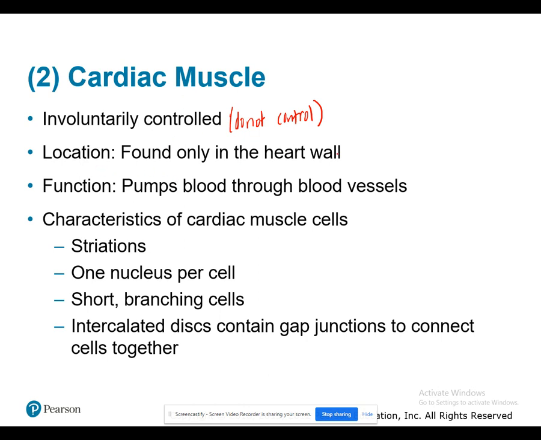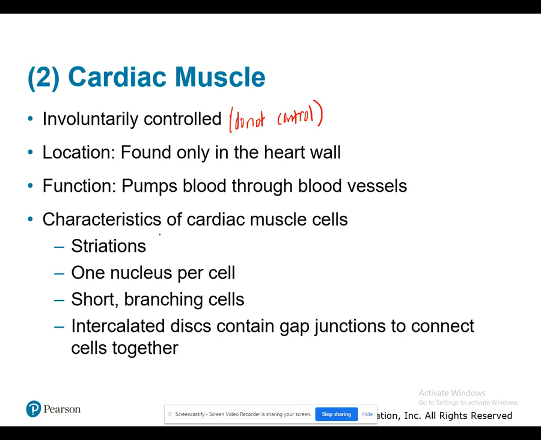It's only found in the heart, and that's why it gets its name cardiac. So cardiac means heart. And the whole function of this muscle is to produce movement, makes that heart pump. So when it contracts, it pumps blood out the blood vessels to the rest of your body so they can get oxygen and nutrients.